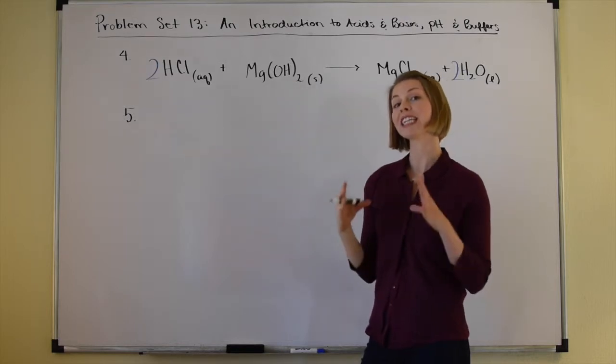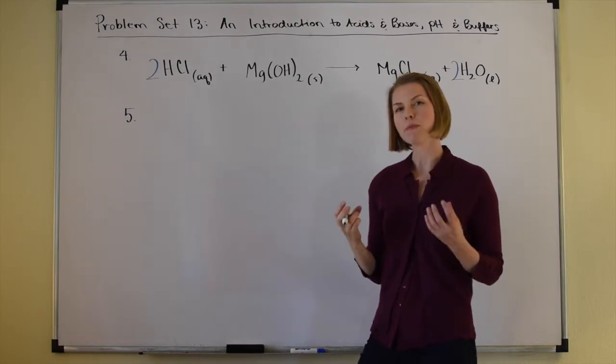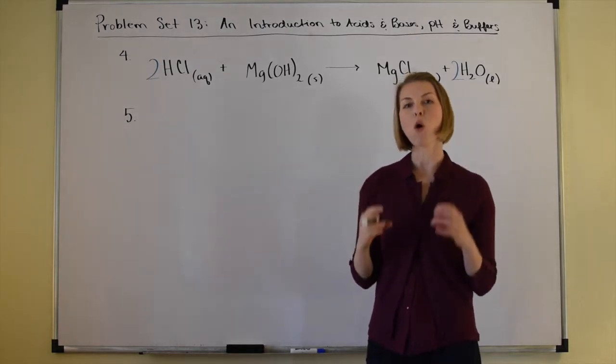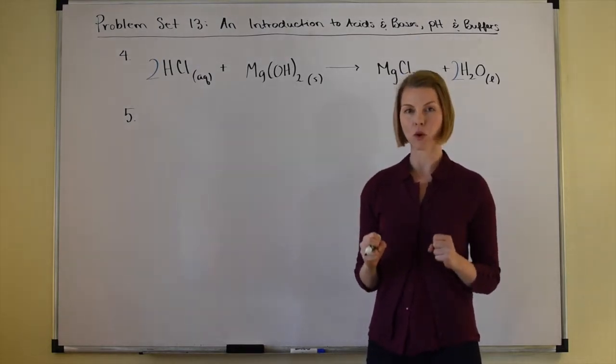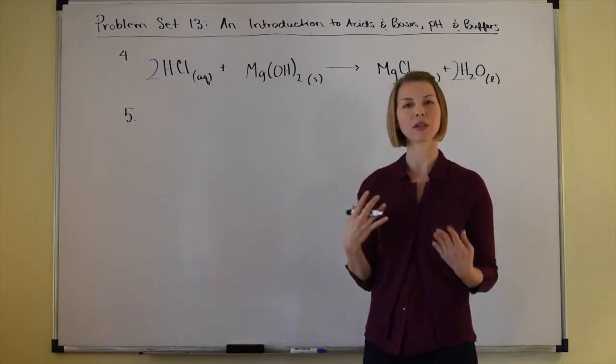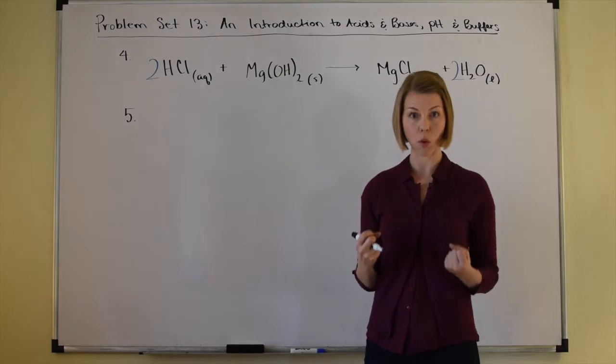Okay, so we clearly need to go through the mole ratio. Remember from way back in our stoichiometry tutorial that the mole ratio from a balanced chemical equation is the only way that you have to quantitatively relate two chemical substances in a balanced chemical equation.